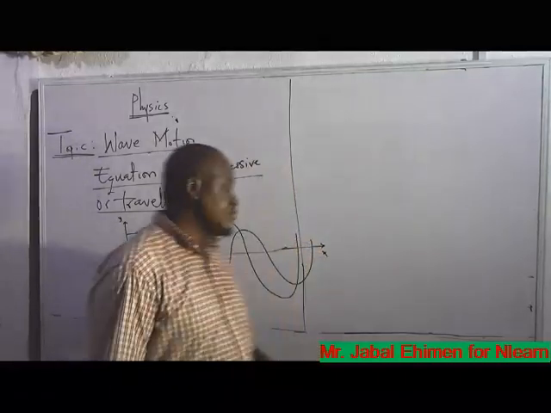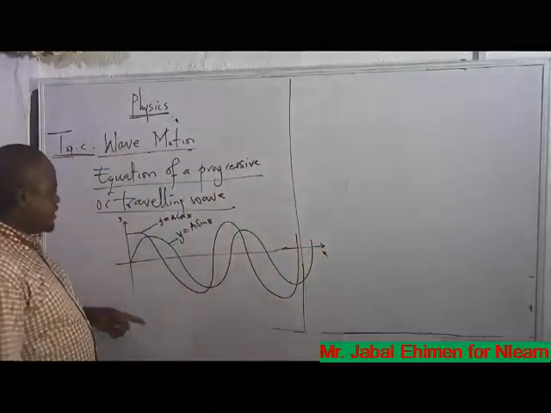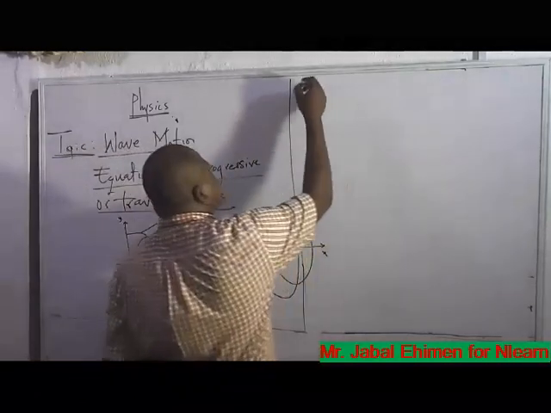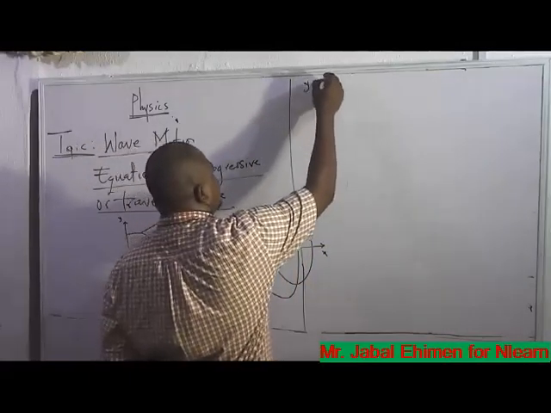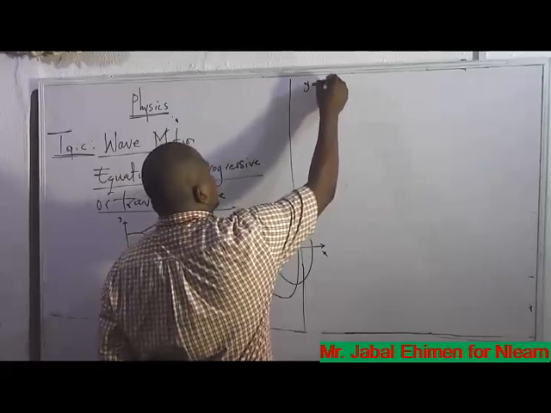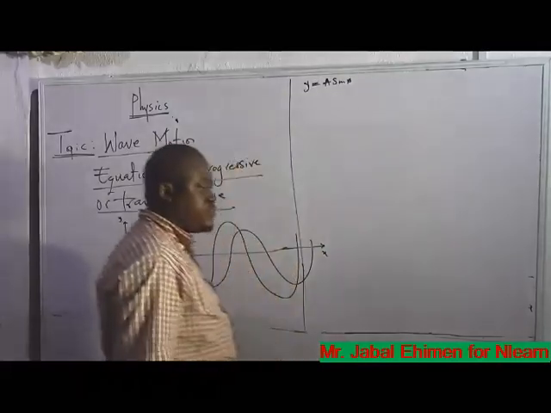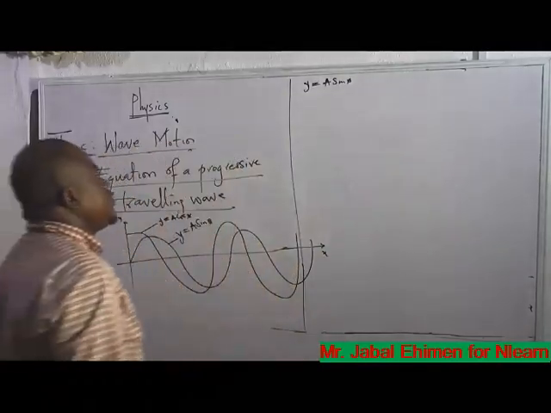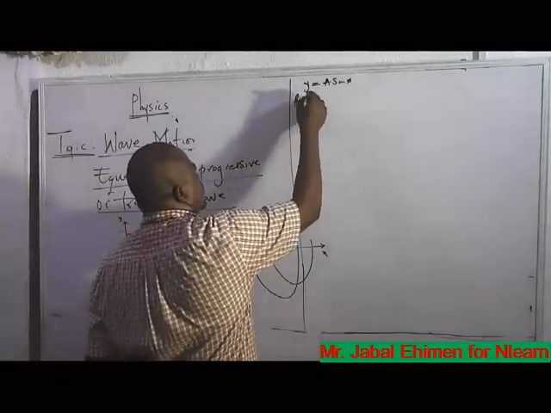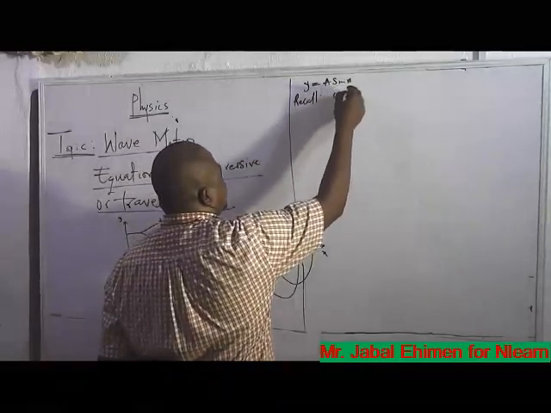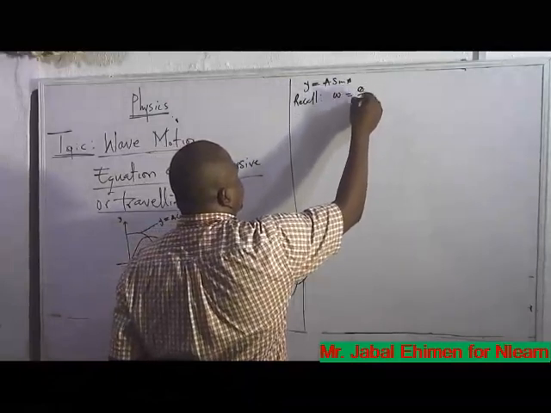Now, from here, it's easy for me to say, okay, good, that since Y is equals to A sine theta, or any of them, let me use sine theta. But recall from simple analysis that angular velocity is theta over t.